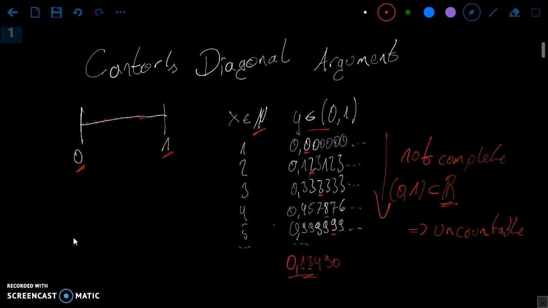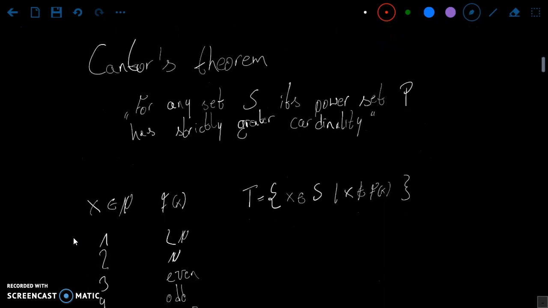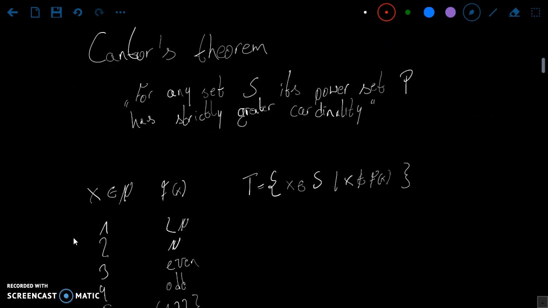So the same argumentation holds for Cantor's theorem. For any set S, its power set P has strictly greater cardinality. So you assume that both sets have the same cardinality, so there exists a bijection.